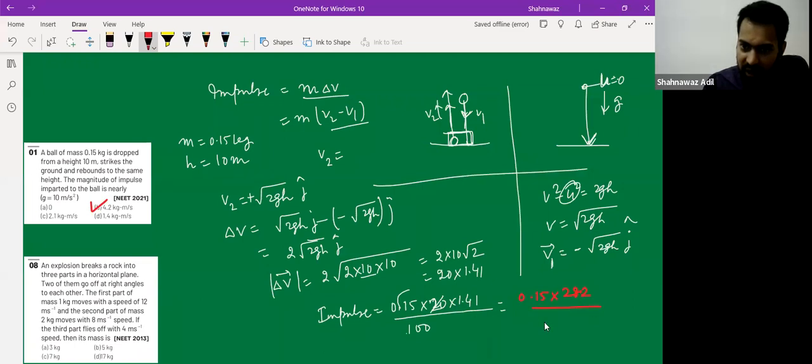Into 15 divided by 100. So this goes here, and 3 and 4. So 7. Okay, why am I getting a different answer? So let's calculate again. Did I do something wrong in calculation?